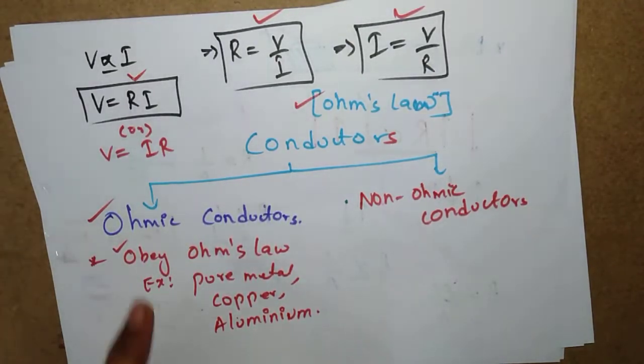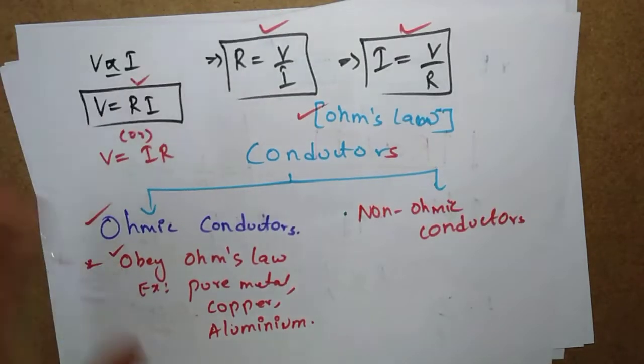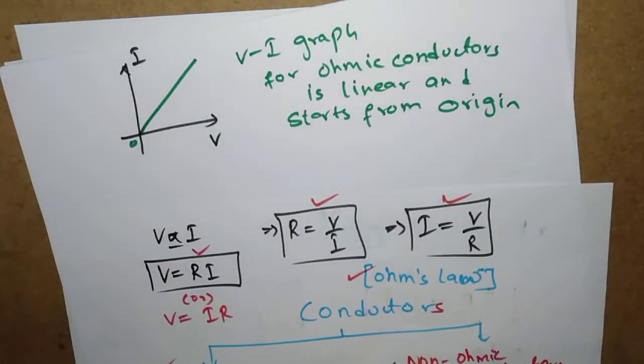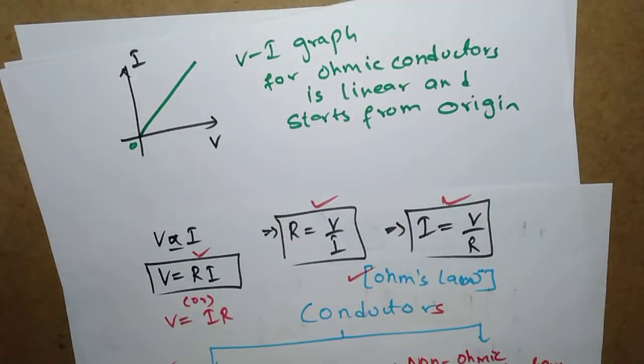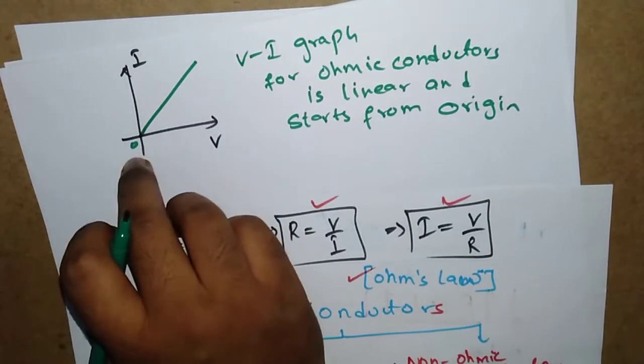So वैसे conductors को हम कहेंगे ohmic conductors. The examples are pure metals like copper and aluminium, etc. And one thing you have to remember, the VI graph for ohmic conductors is always linear and always starts from the origin.